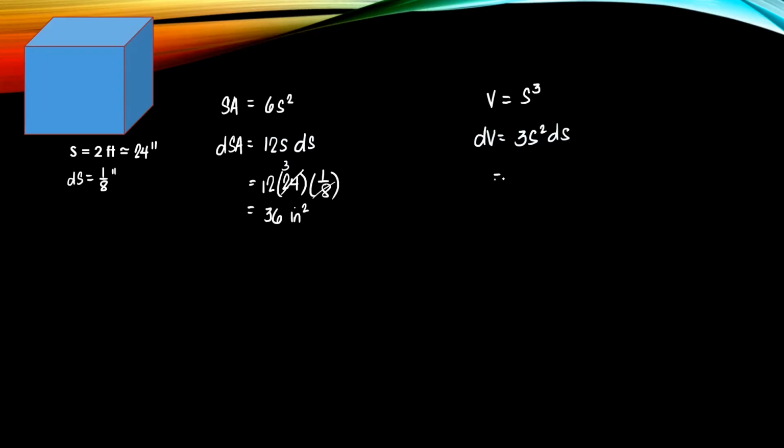The dV, 3 times 24 squared times 1/8. So cancel one 24. What's 24 times 9? 216. This is inches cubed.